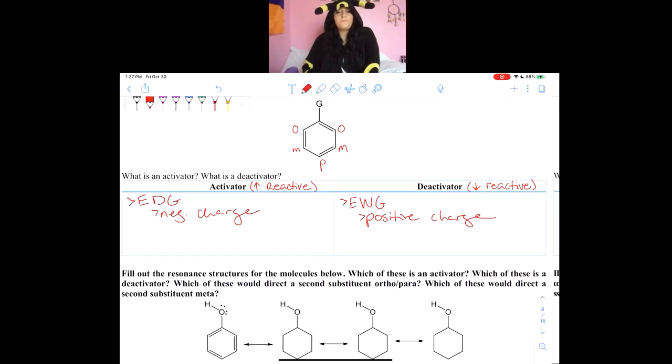Were you talking about donating or withdrawing? Withdrawing, okay, yes. Then in that case, you're correct. So we have carbonyls. And here, someone said it, we have R groups and we have lone pairs.